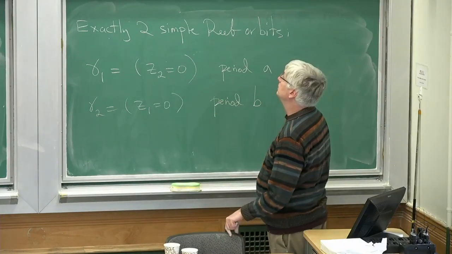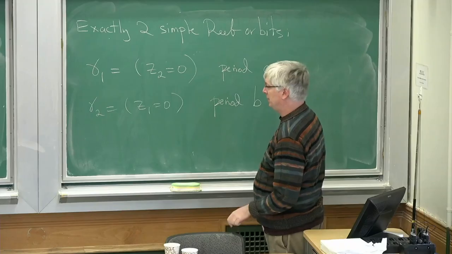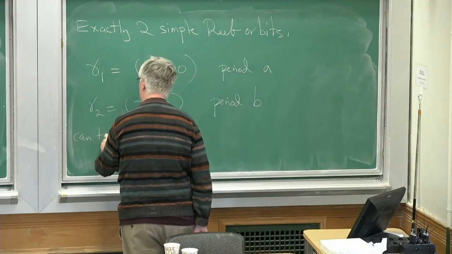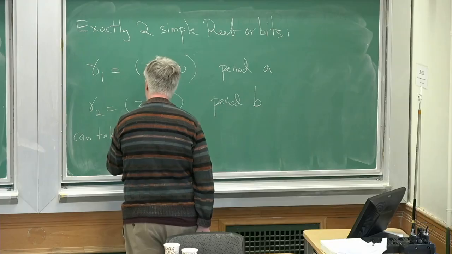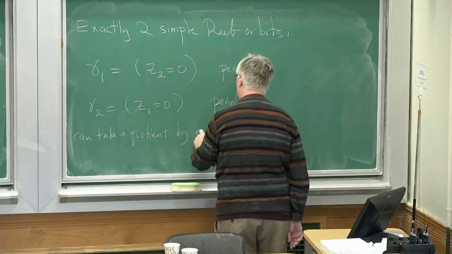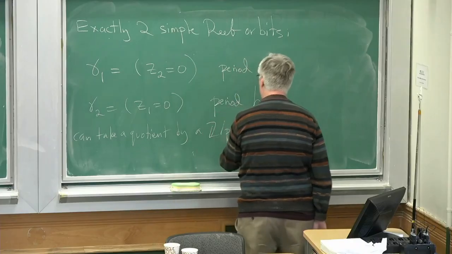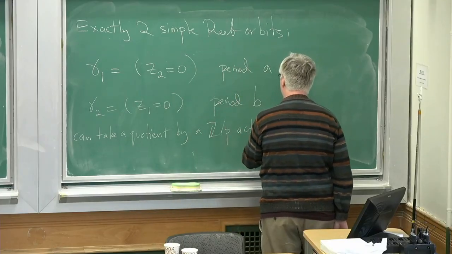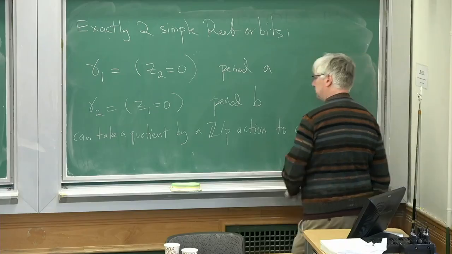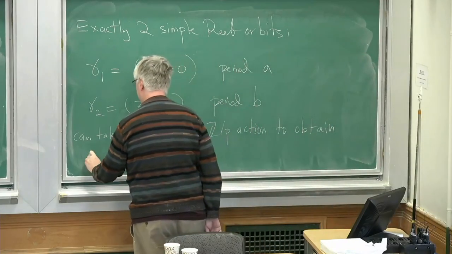You can also make related examples on a lens space. So you can take a quotient by a Z mod P action to obtain similar examples on lens spaces.